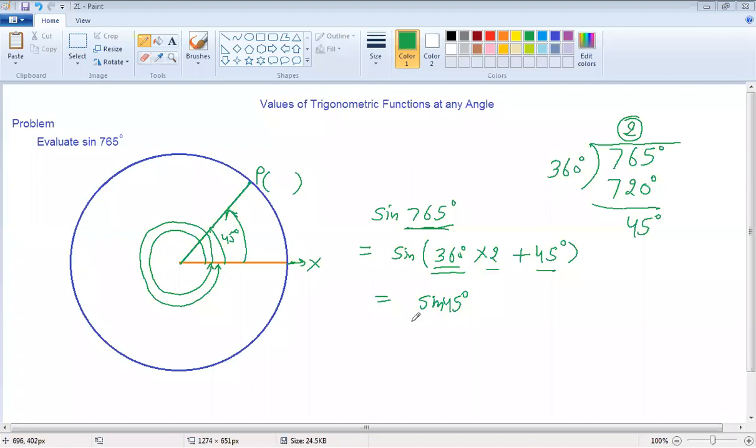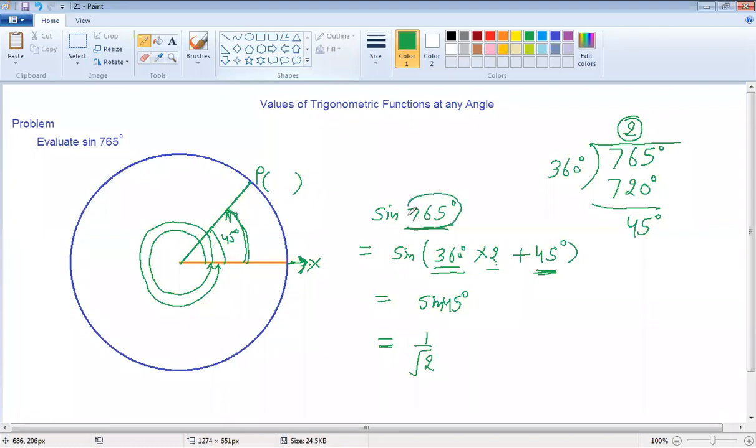So here is sine 45 degree. That means this is the same as 1 by root 2. Okay, repeat. When we found the angle 765 degrees, we completed 2 rotations, 360 degrees into 2, so we come back to the right side of the x-axis again. And the remainder is 45 degrees, so we rotate further by a 45-degree angle.